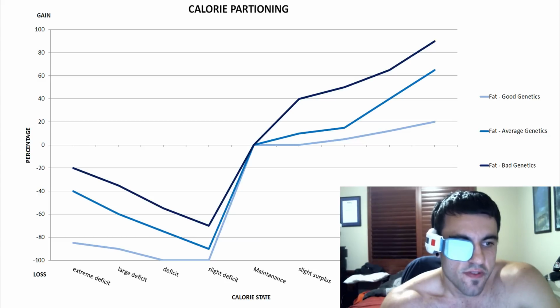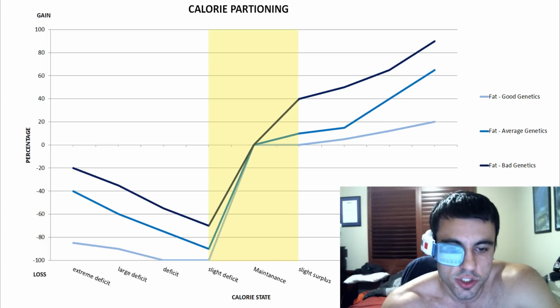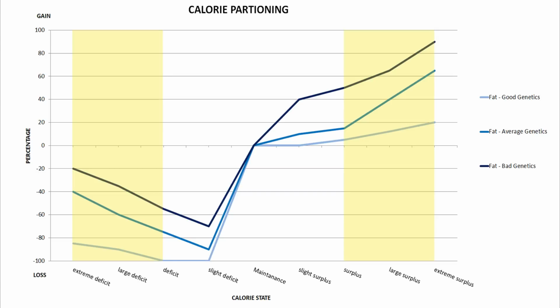So what happens with fat? Well, again, if you are in a slight deficit, you're going to have most of the calories coming out as fat, which is what you want. And as you increase the deficit, you're going to have less coming out as fat and more as muscle.